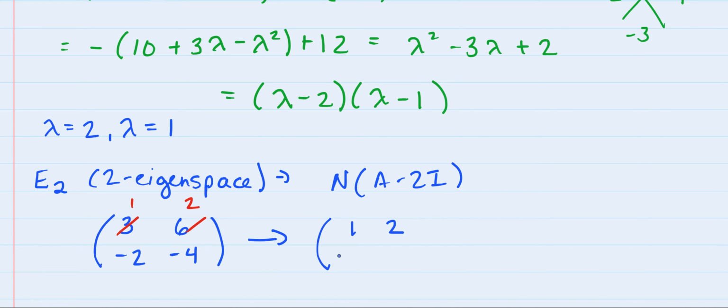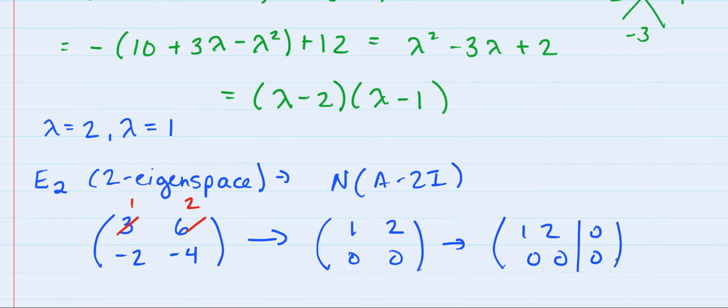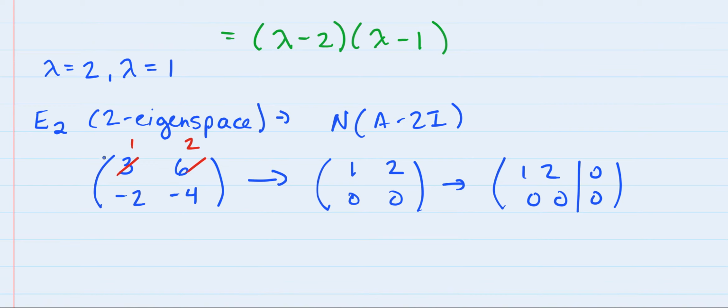So we can get rid of that bottom row. Now we're going to find the null space, so we make an augmented matrix, and we get that x1 is equal to -2x2. So x2 is free, so let's let it equal s.